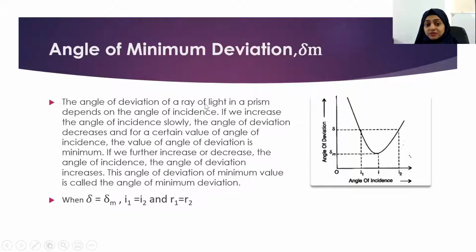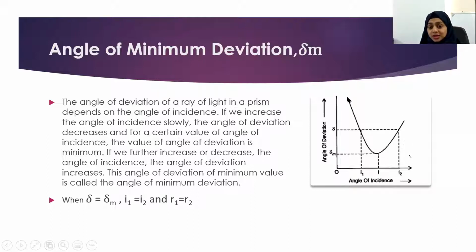The angle of deviation of ray of light in a prism depends on the angle of incidence, which means if we change the angle of incidence, the angle of deviation also changes. Here there is a graph that shows the relation between angle of incidence I and the angle of deviation delta. Here you can see this is the shape of the graph.